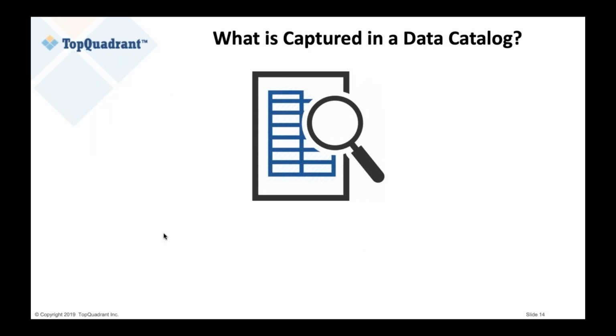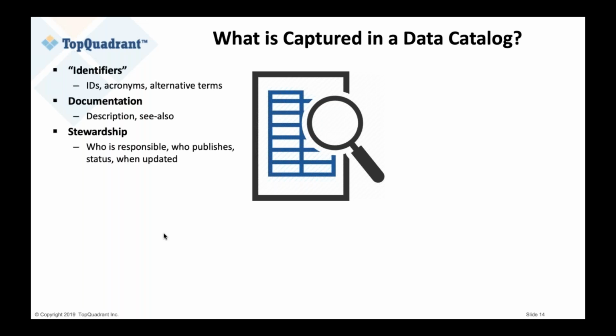So what kind of information do we see typically captured in a data catalog? Well, similarly to the business glossaries, you may have some names, such as column names. You may have some identifiers associated with data elements. It is possible to have descriptions, although the descriptions will not be gathered from the data source.